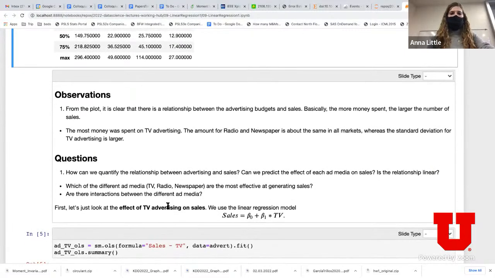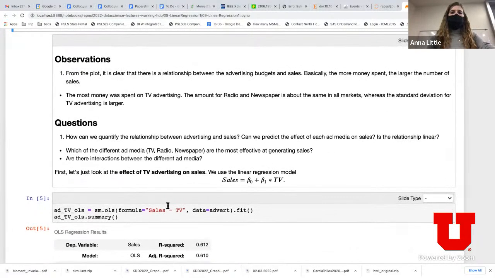Okay, so what do we really want to know when we're looking at this data? We want to somehow quantify the relationship between advertising and sales so that we can get a sense of, is it linear? Is it some other kind of pattern?